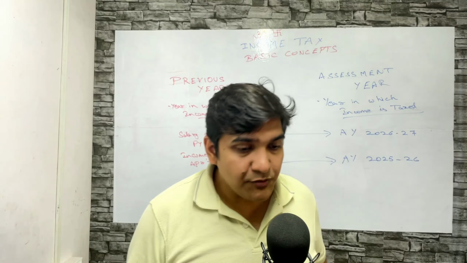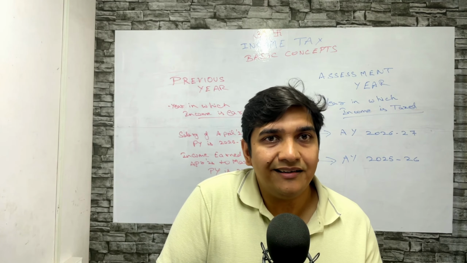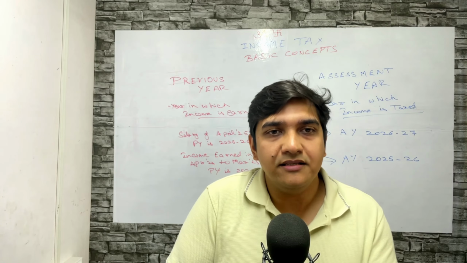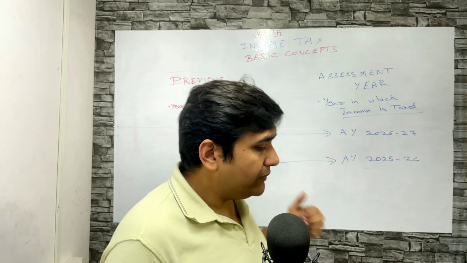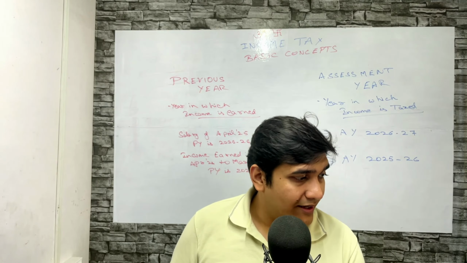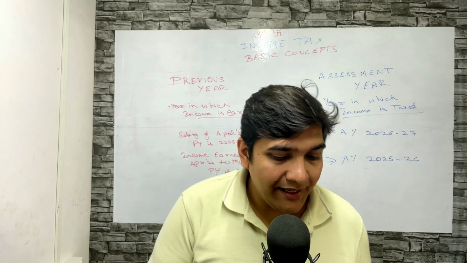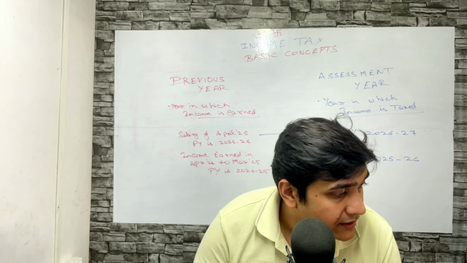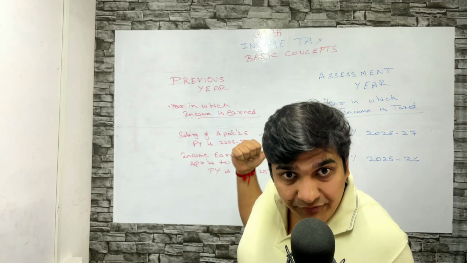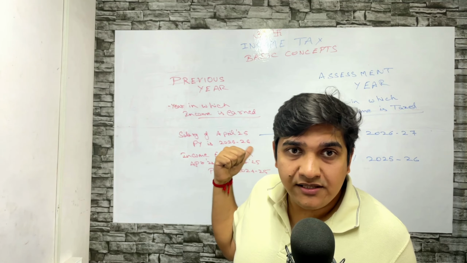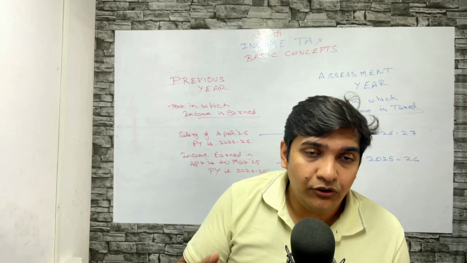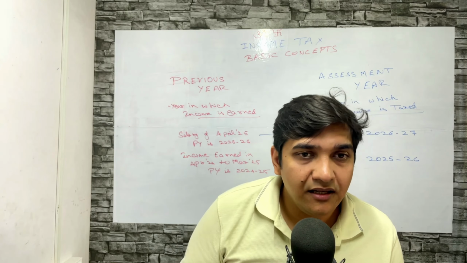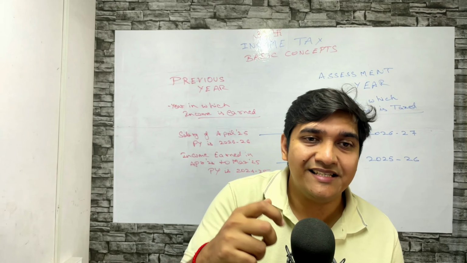So assessment year usually is the year immediately subsequent to the previous year, as you can see in the examples. So let's say any income which you have earned in 25 to 26, previous year 25-26, you offer it to tax in the next year, so your assessment year becomes the next year, that is 26-27.